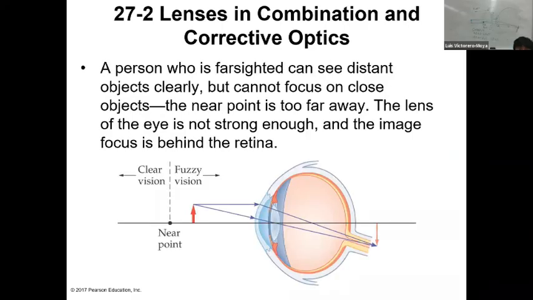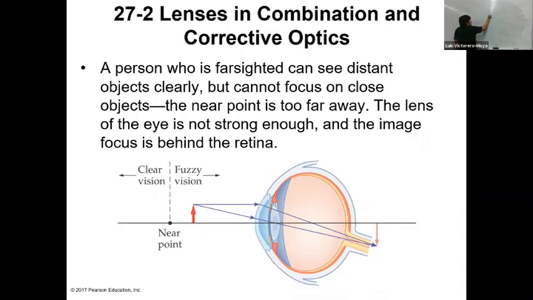Now we have the case of a far-sighted person, a person that can observe things that are far, but it becomes fuzzy when they are close. That's probably not very common, right? You may think that it's more common the other way around. And it's true, but there are cases where a person cannot observe when things are too close.